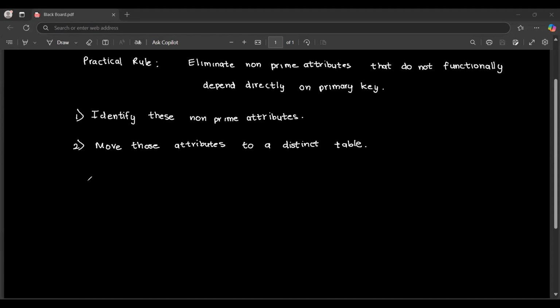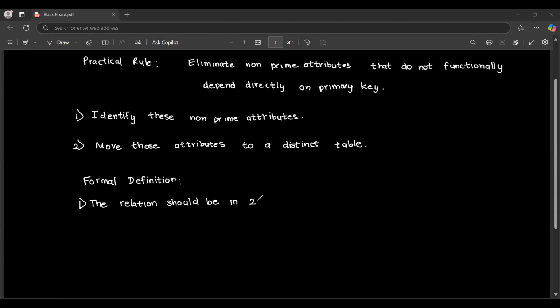So what is the formal definition? Well, the formal definition is, first, the relation should be in 2NF.